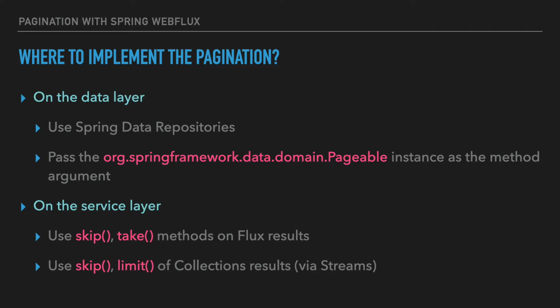When we talk about the service layer, we actually do pagination in our application service, so we do it on the side of our application. You need to remember this if you want to tweak the performance of your application, so where the pagination would actually happen. So without further ado, let's jump into the implementation of our pagination with Spring Webflux.